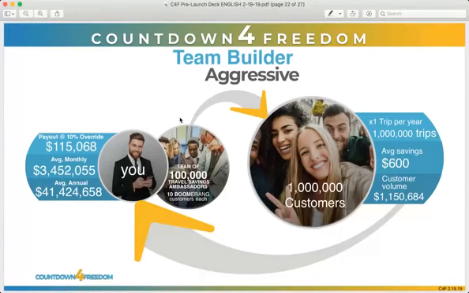You build a team of 100,000 and everybody is following the system, creating 10 customers, sharing goodwill throughout. That's 1 million vacations a year going on in your organization. Everybody's saving around $600 on average. That's a daily customer volume of over $1 million. You see the incomes on your left.